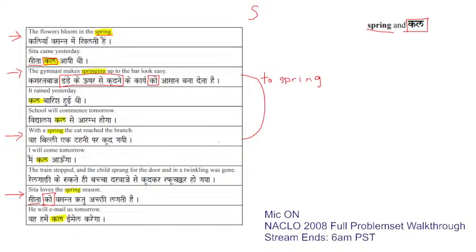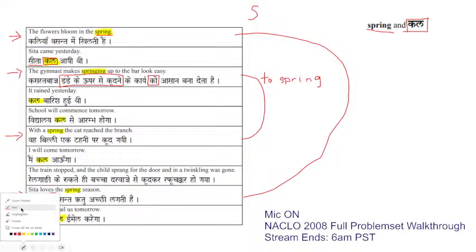But these two sentences have the same meaning for the word spring. So there actually could be two meanings or two words for the word spring. I think that's what they were trying to have us figure out.